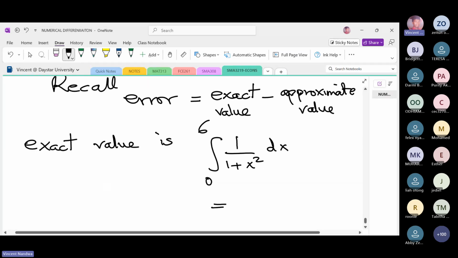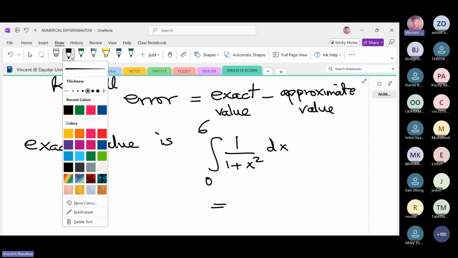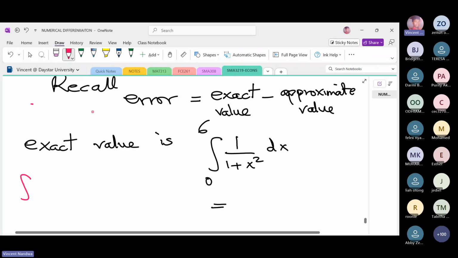These are standard integrals. From your SMA 104 work, what is the integral of 1 over 1 plus x squared dx? Is it tan inverse? Tan inverse of x, correct.